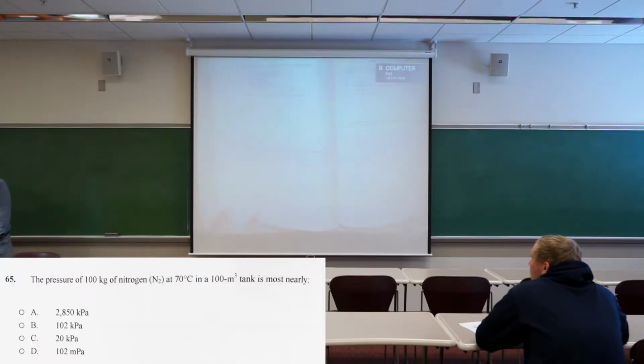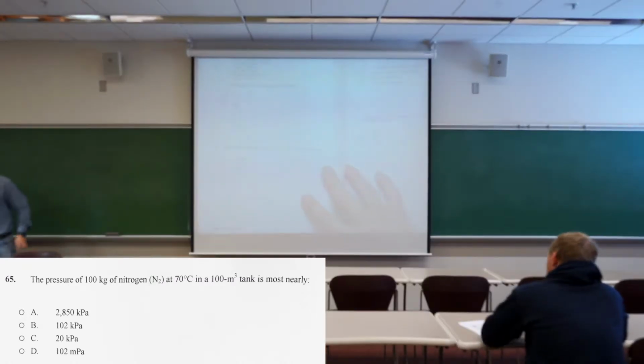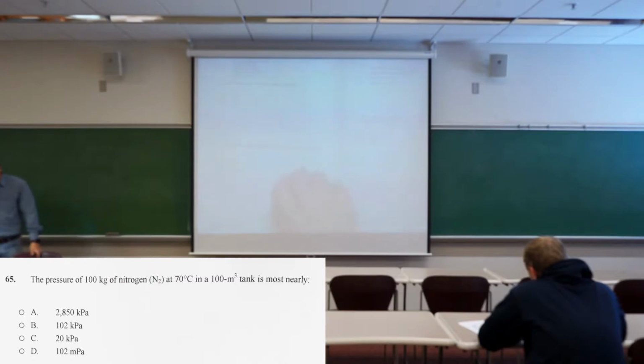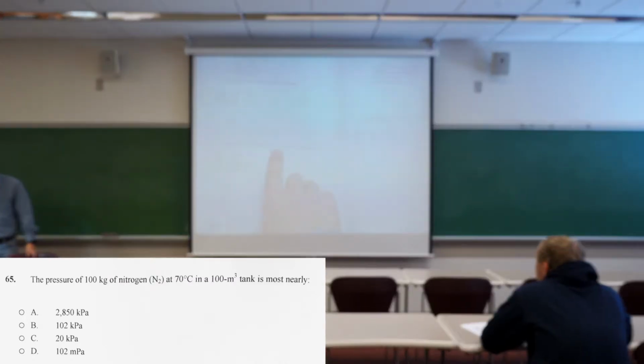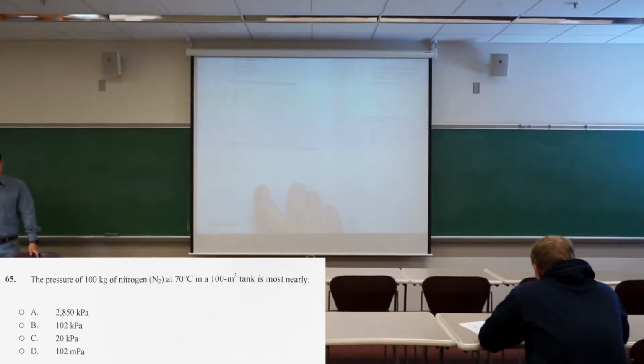65. And this one is, we need to know the pressure of nitrogen at 70 degrees Celsius in a 100 cubic meter tank. So obviously this one you need to use the ideal gas equation, right?